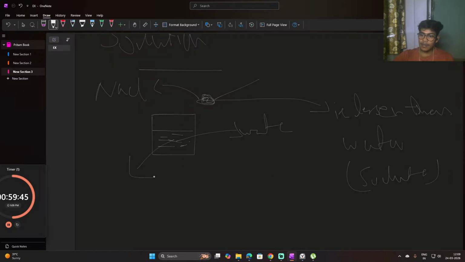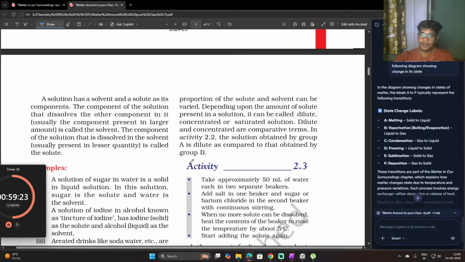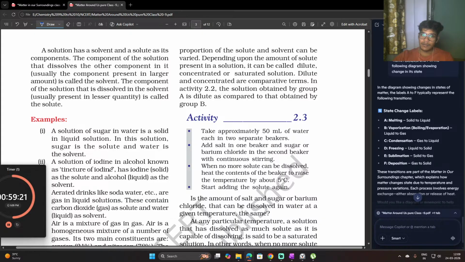And this water is called solvent. So remember this thing: in a solution, the one present in lesser amount we call a solute, and the one present in larger amount we call a solvent. So water is a solvent here. Now examples.